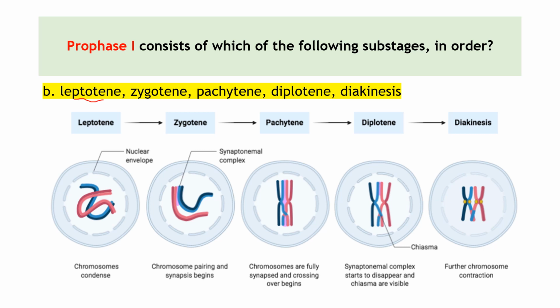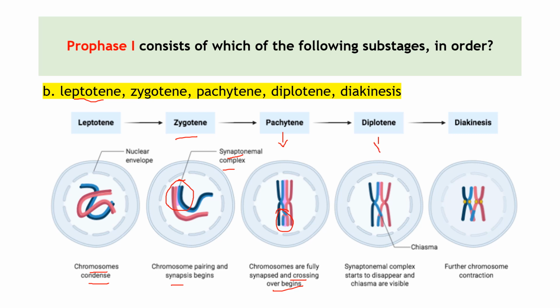If you remember, leptotene is where the chromosomes condense. Zygotene is when the synapsis takes place, so the synaptonemal complex, the proteins that are going to align them, are there. And in pachytene is where the crossover takes place. Here you start mixing, exchanging the information.